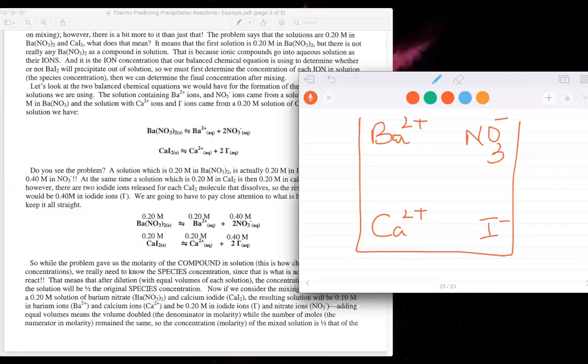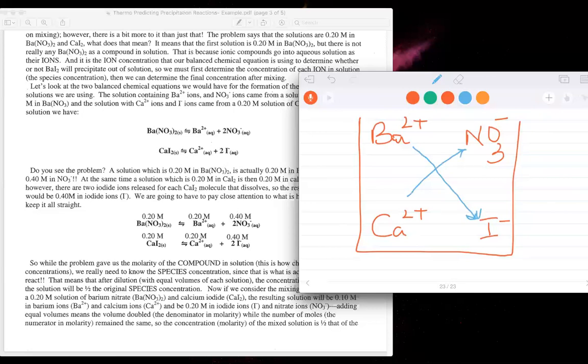So if it is a double replacement reaction, we are predicting whether it will form a solid. Will this one form a solid? We assume each one of them is forming a solid.